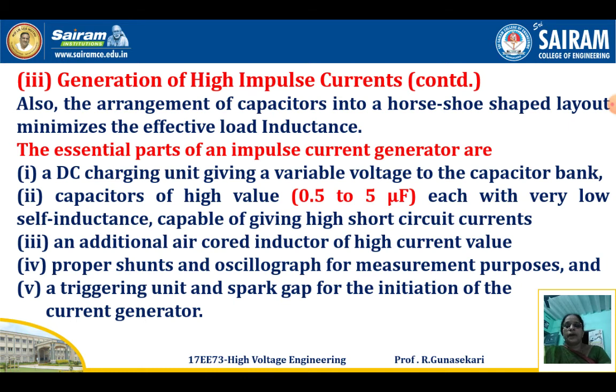The last part is the triggering unit and spark gap, which are used for initiation of the current generator. So totally the impulse current generator consists of 5 parts. Once again I recall: first is DC charging unit, second is capacitors, third is air cored inductor, fourth is shunt and CRO, fifth is triggering unit and spark gap.